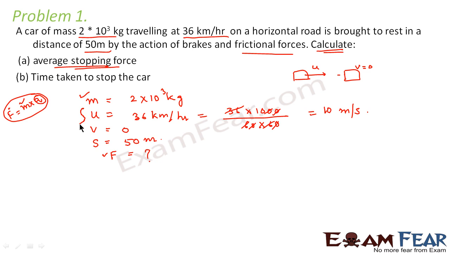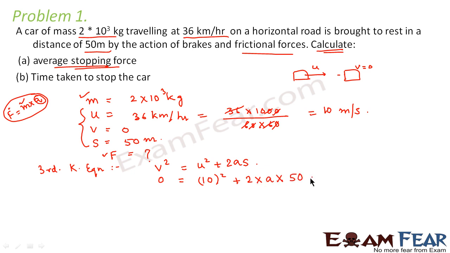So just think of the kinematic equations which we studied in the last chapter. From there, we can very easily calculate the acceleration given these three values. From the third kinematic equation, which is v square is equal to u square plus 2as. Here we know v is equal to 0. So 0 is equal to 10 square plus 2as.